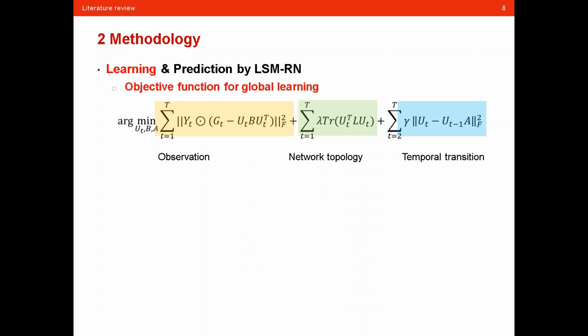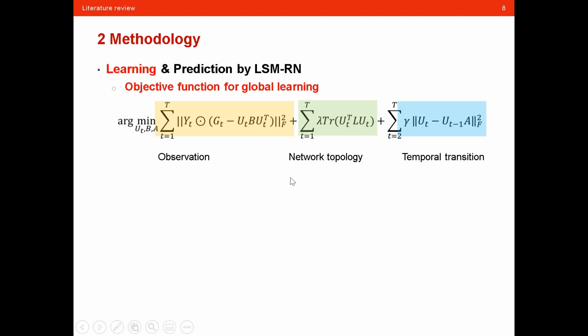Okay, from the introduction before, here we have a problem to optimize, in which the observation of the network snapshot, network topology, and temporal transition are considered in terms of the loss function.